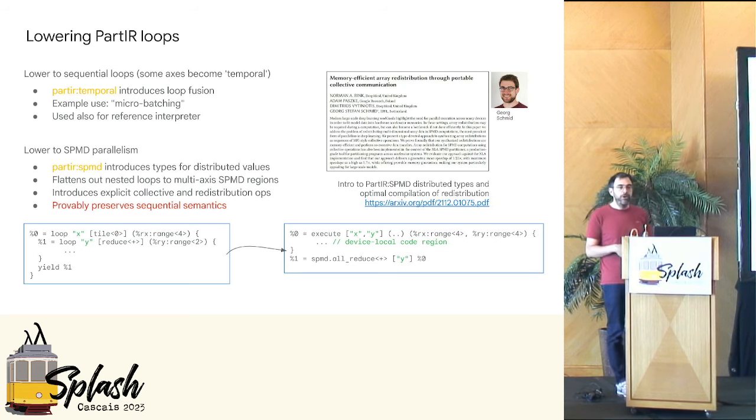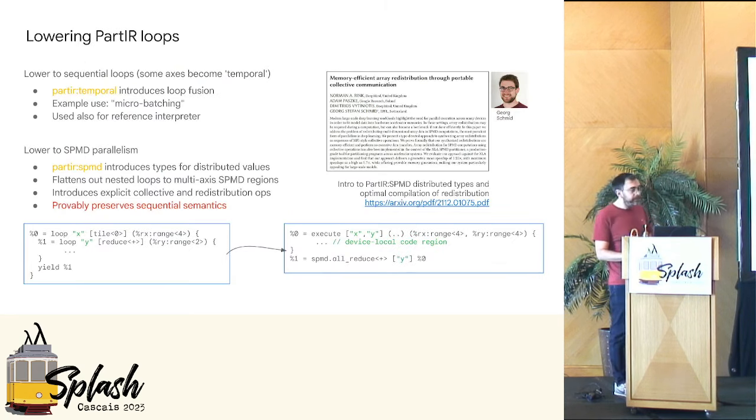And that IR also included types to express distribution, replication, and explicit collectives and distributions. And it came with a proof of correctness, which will be released when we release the paper at some point.